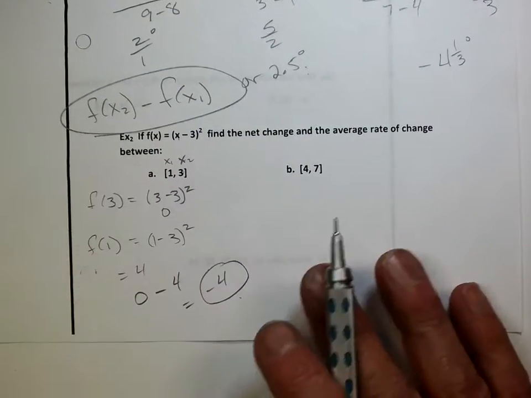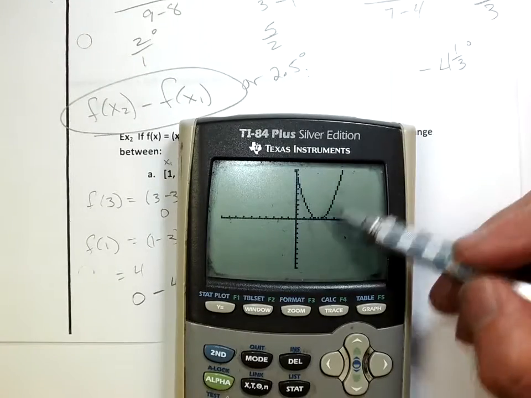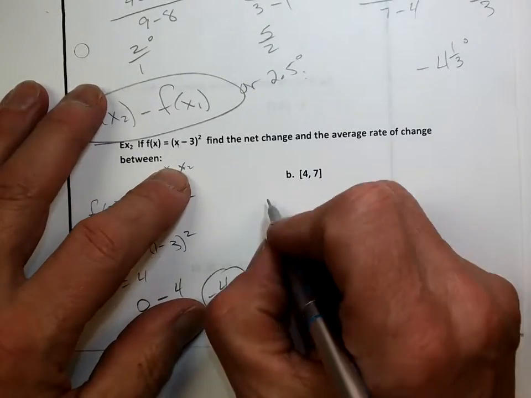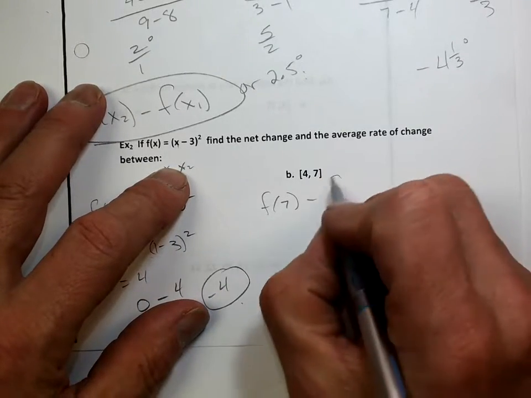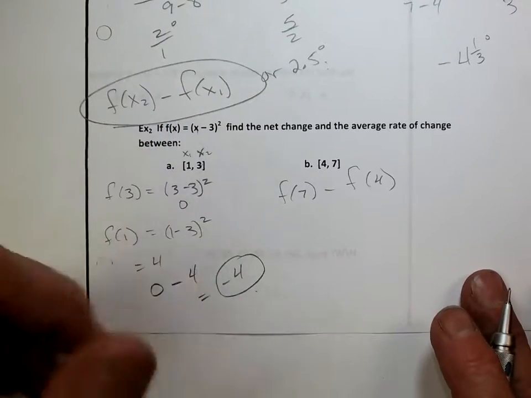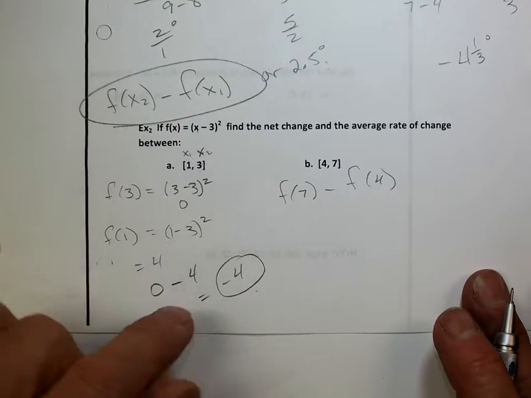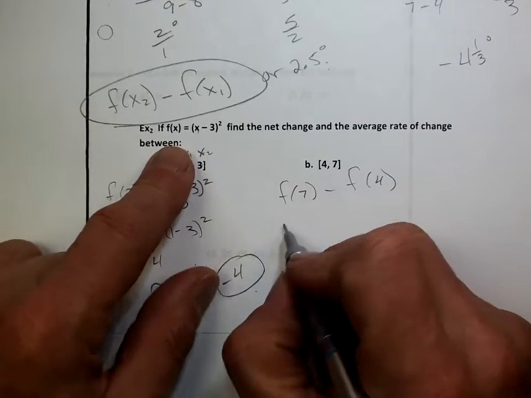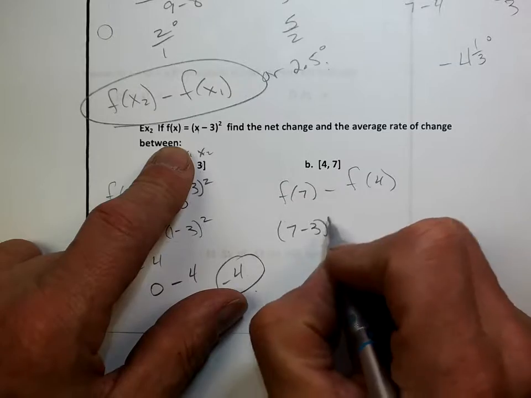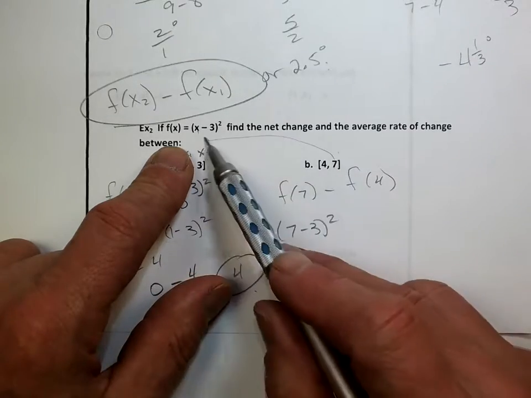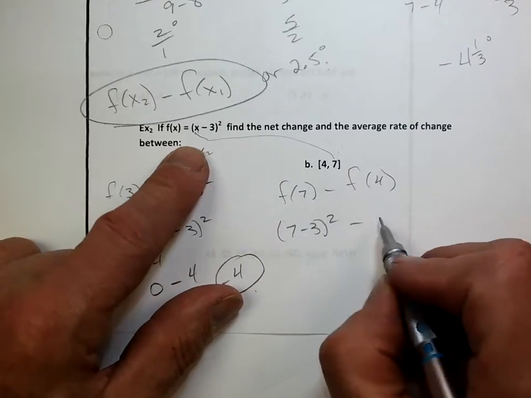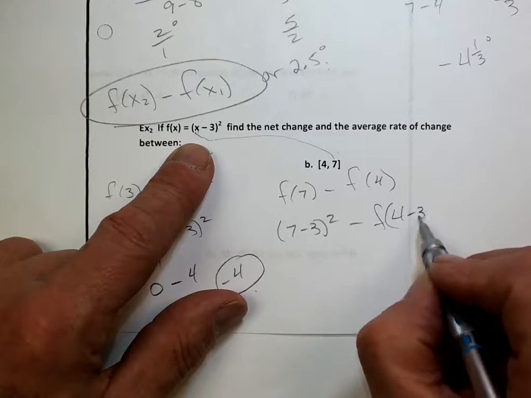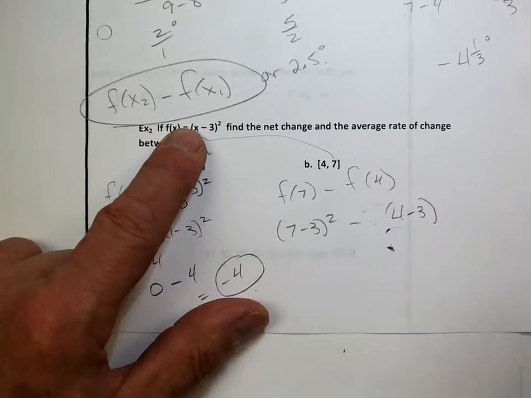From 4 to 7, well, my guess is probably from 4 to 7 it's going to be positive. You can see it, right? It's going to be positive. So let's take then f of 7 minus f of 4, because that's really what the formula says. I don't need to do it in 2 steps. I can do it all in 1 step. F of 7, plug in the 7. F of 4, plug in the 4. So I would have a 7 minus 3 squared, because I plugged the 7 in, minus my 4, which is going to be my 4 minus 3 squared.